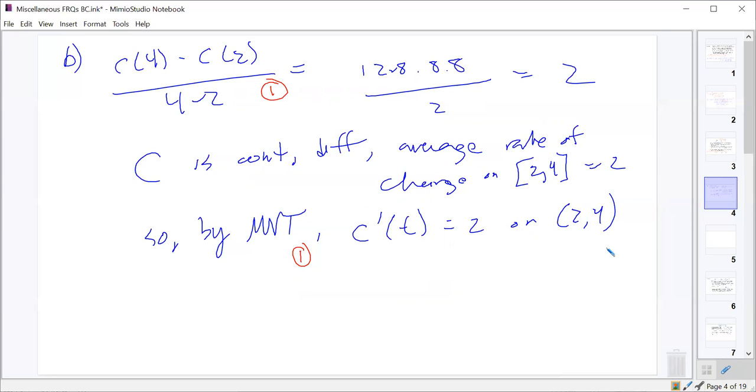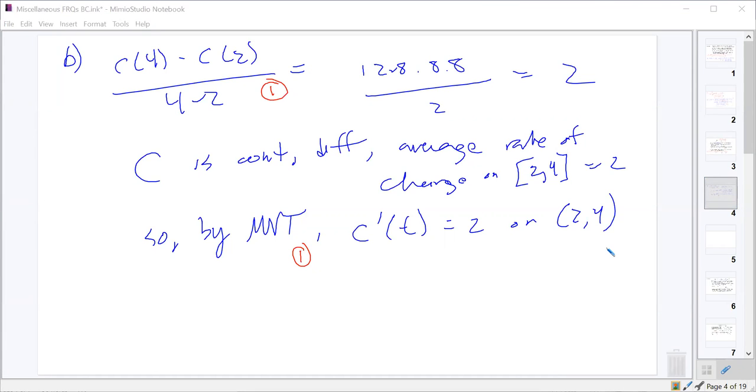So I probably should have said closed brackets there, 2 to 4. If something occurs on a set of numbers, it is also guaranteed to occur on a set of numbers that is larger than it. So, that answers your question.